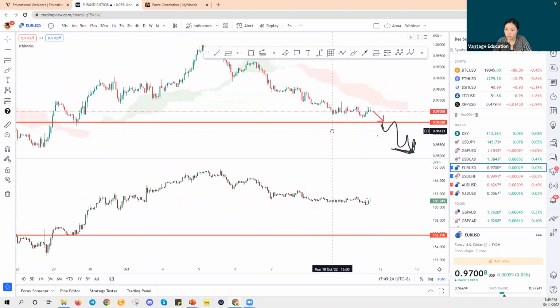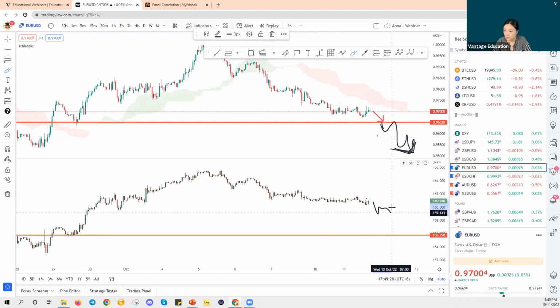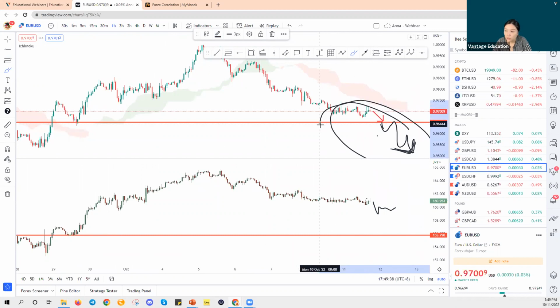If there is a breakout here, but prices here are still ranging, don't worry, because maybe this currency pair is a bit slower to react. So if there is confirmation that your Euro USD is actually going on the downside, you can also correlate that this price might be going down.